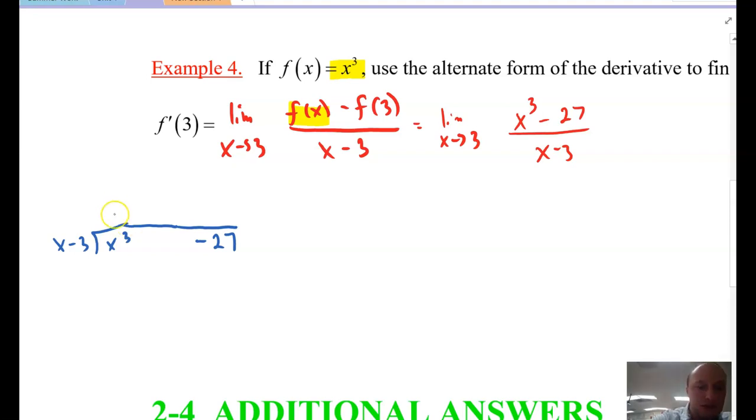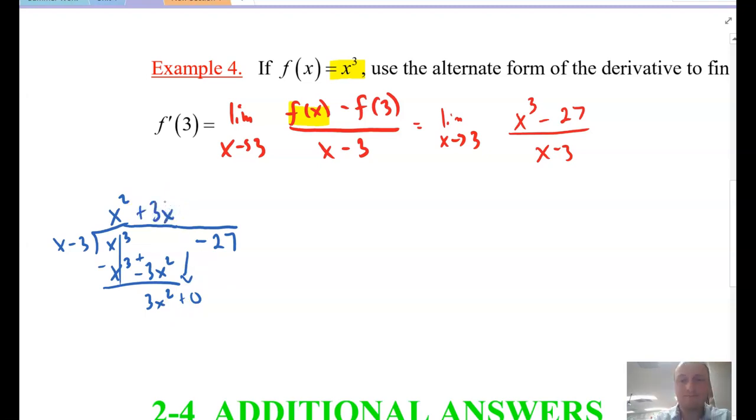X goes into x cubed, x squared times. So I'll distribute, giving us x cubed minus 3x squared. We'll change our signs. This becomes negative, this becomes positive, and I get positive 3x squared. Going to bring down the 0, plus 0, and then x goes into 3x squared 3x times.